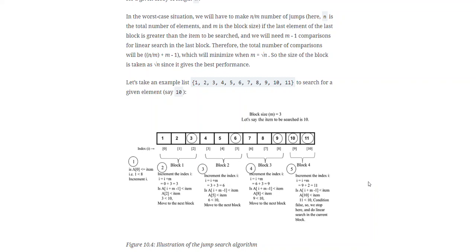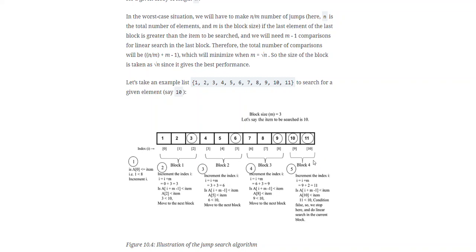Well, we have an idea of how big our array is. It's n. Say, all right, well, n, let's break it into blocks of 3. So every 3 items will be a block. So here's block 1, block 2, block 3, block 4.